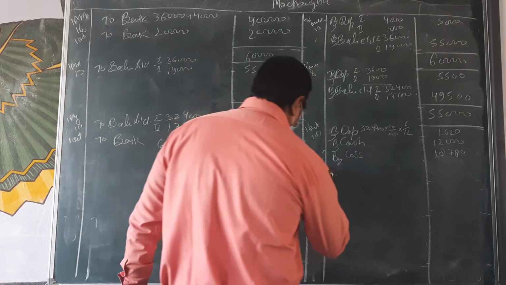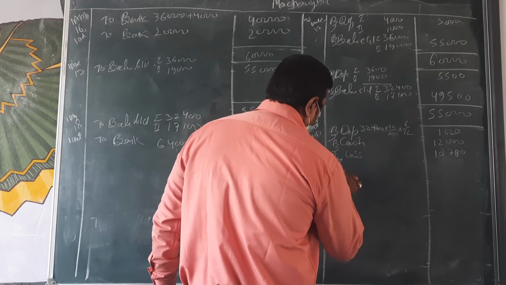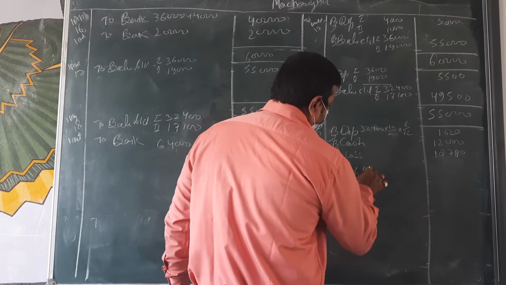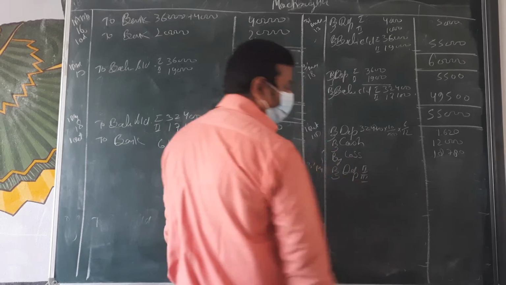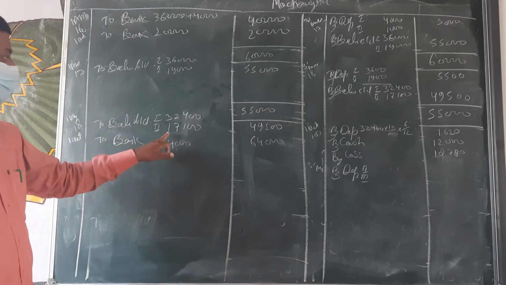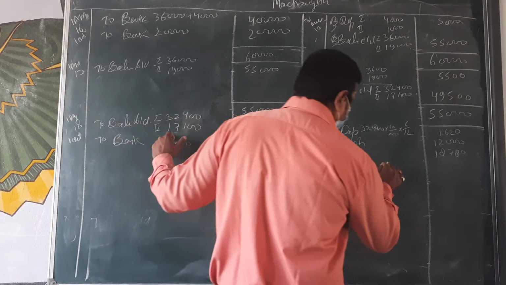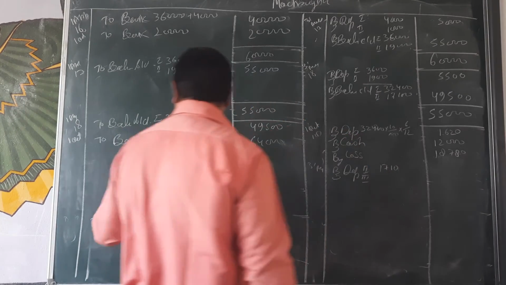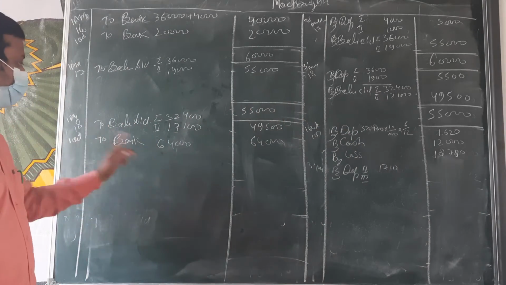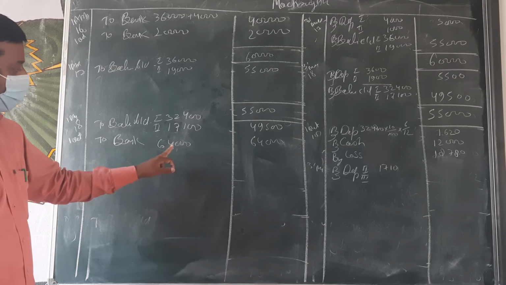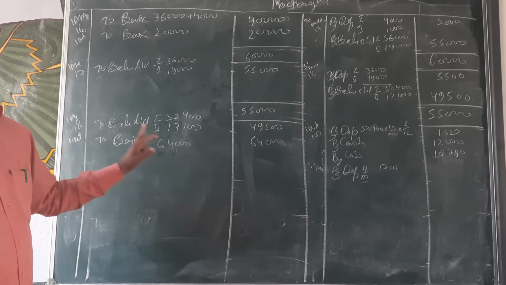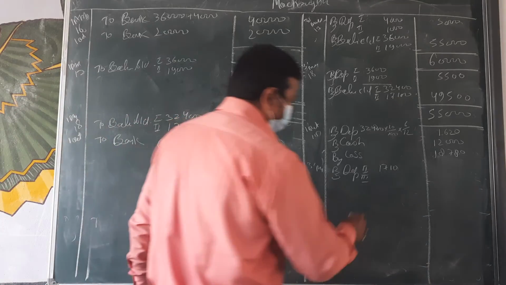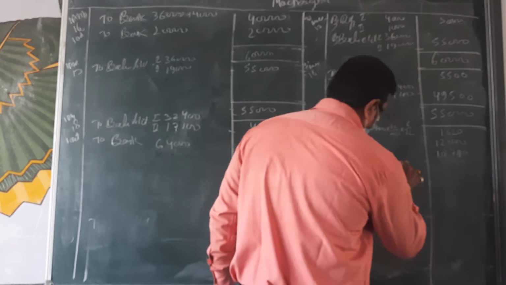When March is coming, then on 31st March by depreciation, second machine and third machine. Now for the second machine 1,710 and for the third machine, for 6 months rather than the whole year, 3,200. The total amount is.